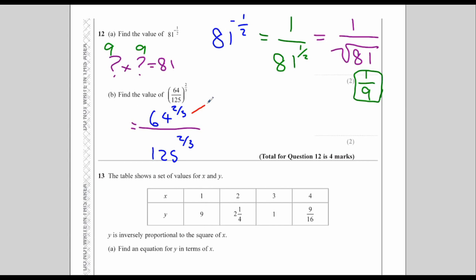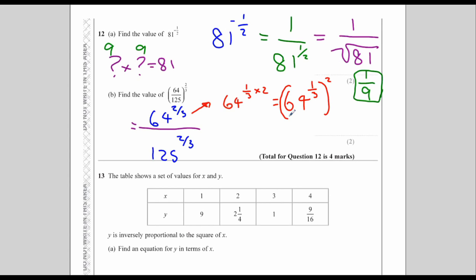So let's look at this one. It's the same as writing power of 1/3 times 2. And if you know your power laws, I think I did a video on this a while ago, it's the power of a third and then to the power of 2.